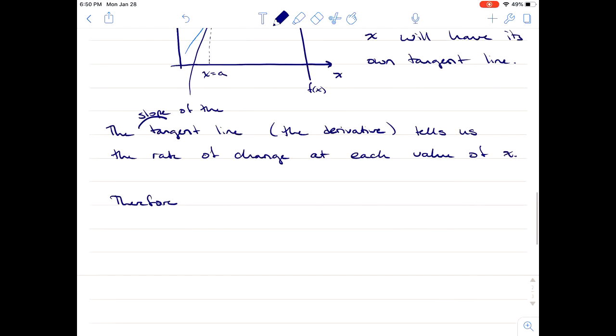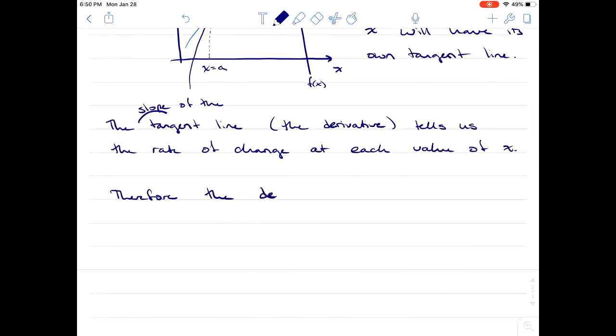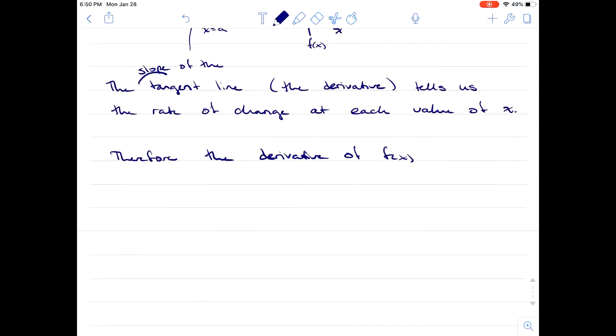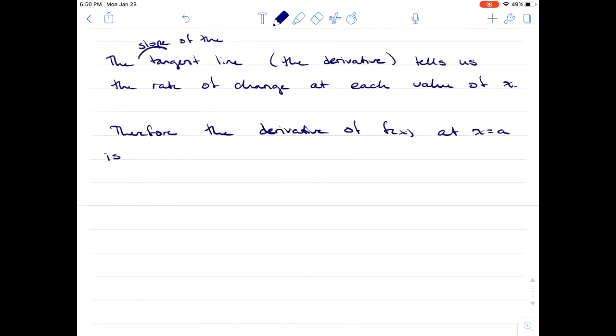Therefore, the derivative of f of x at x equal to a, so I'm just picking a point and calling it a, is the slope of the tangent line of f of x at x equal to a.